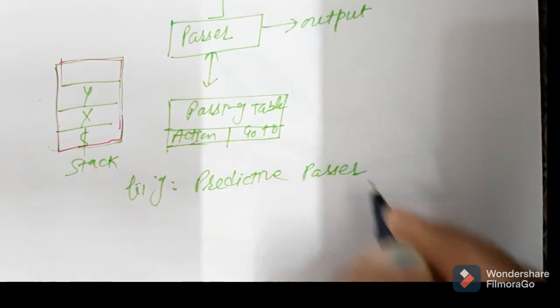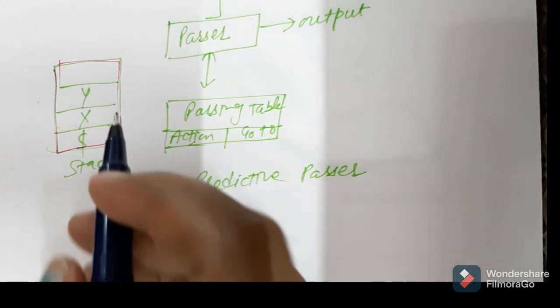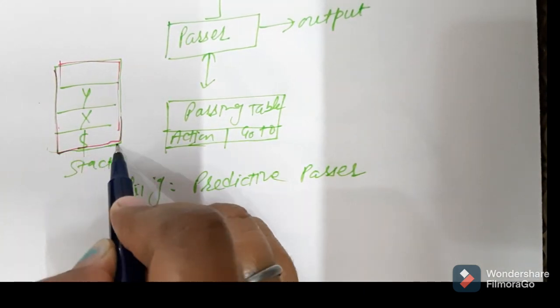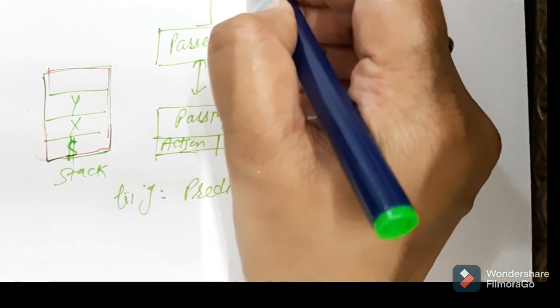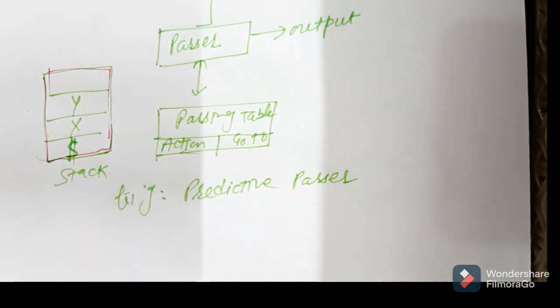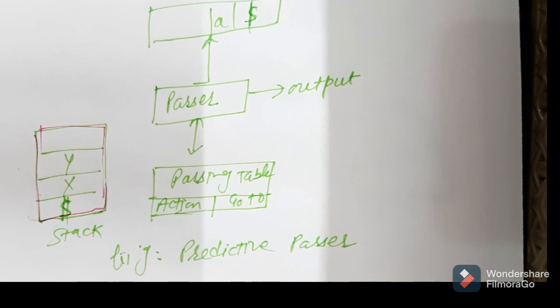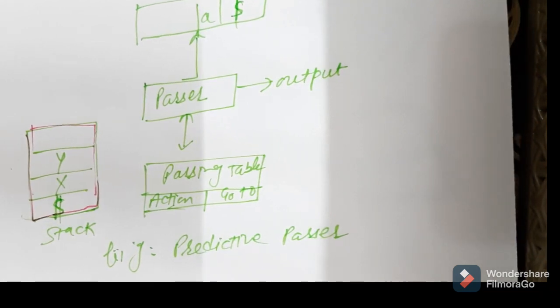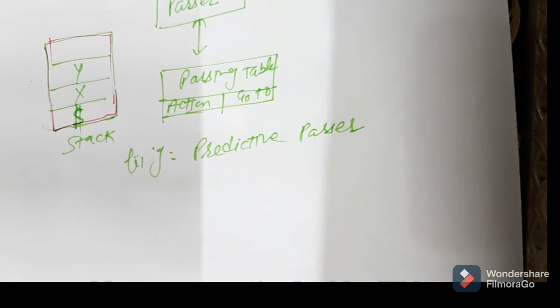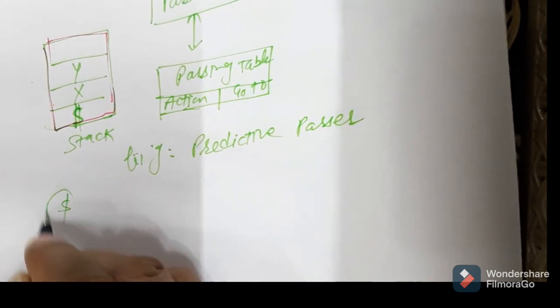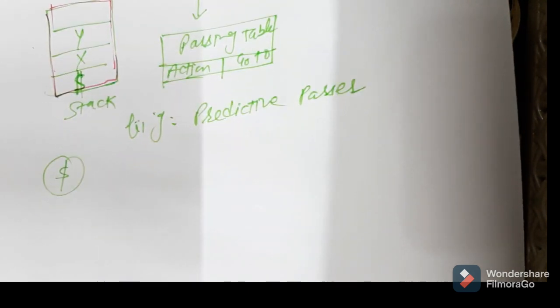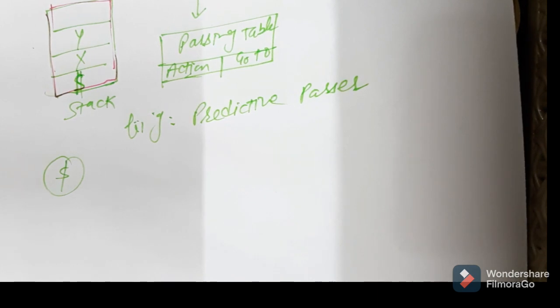One thing which is very important here, look, the stack has the dollar at the bottom and the input string has the dollar at the end. I can say both stack and input contain an end symbol which is dollar, and it denotes the stack is empty and the input string is consumed.